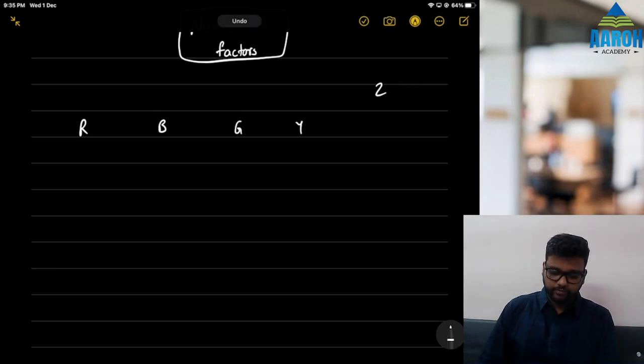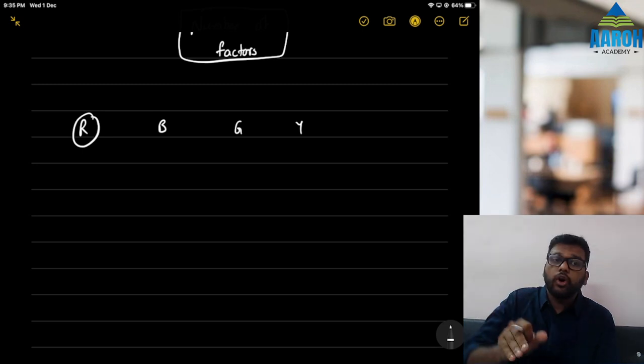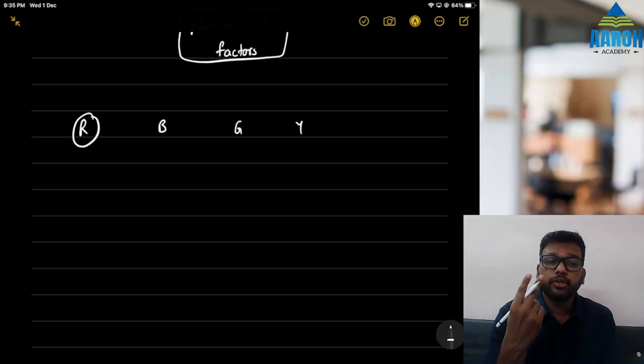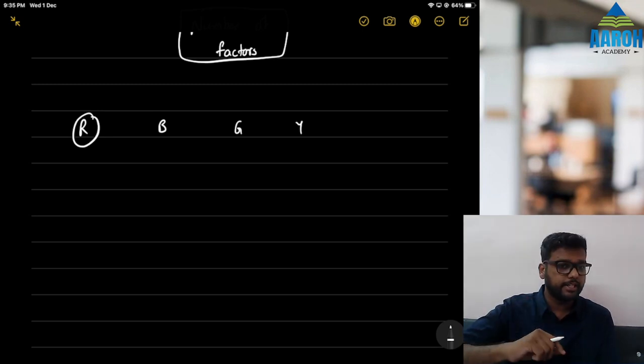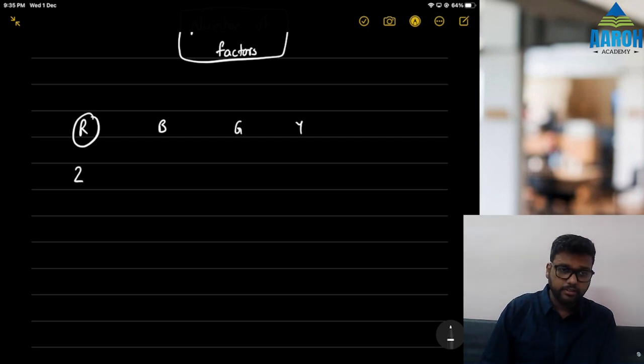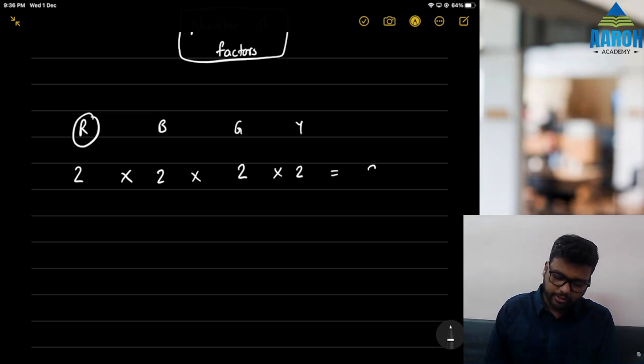Understand carefully. This red ball, we can either select it or reject it. That means there are 2 ways to deal with this red ball, either select or reject. 2 ways. And is multiplication. This blue ball, again we can either select or reject, so 2 ways. And green ball also we can either select or reject, and select or reject. So this is going to be 2 raised to 4.